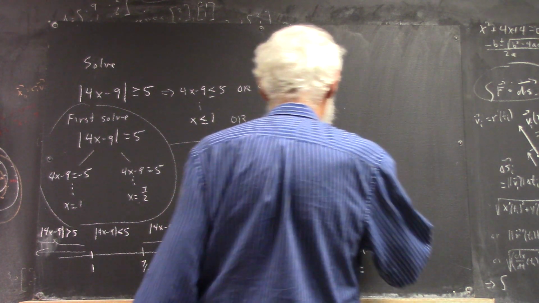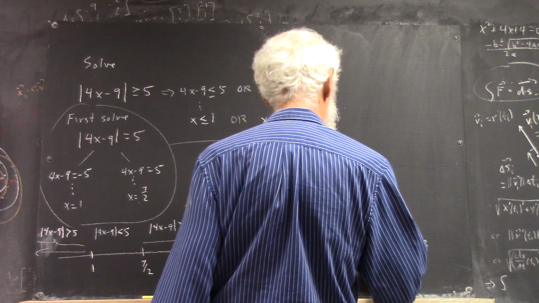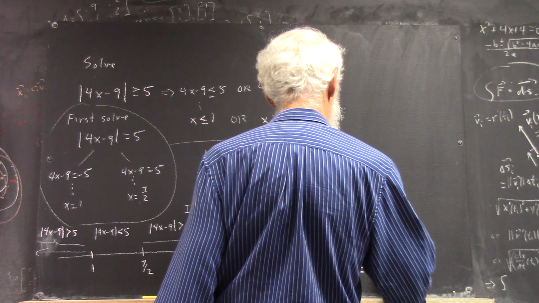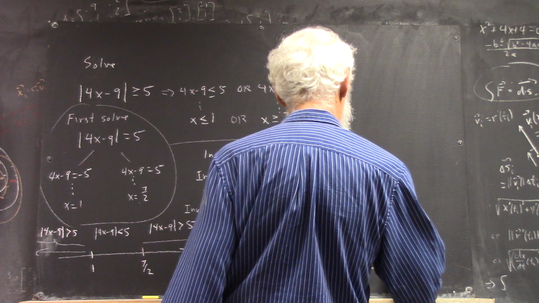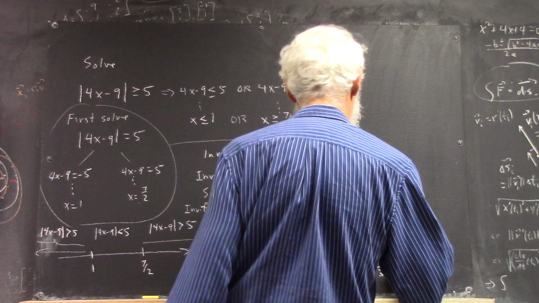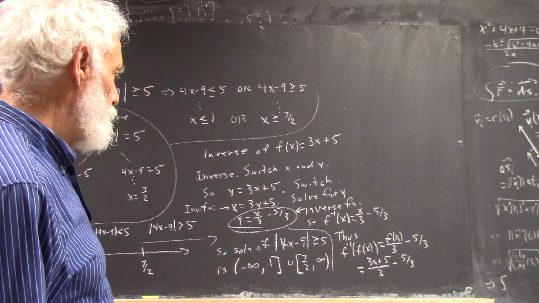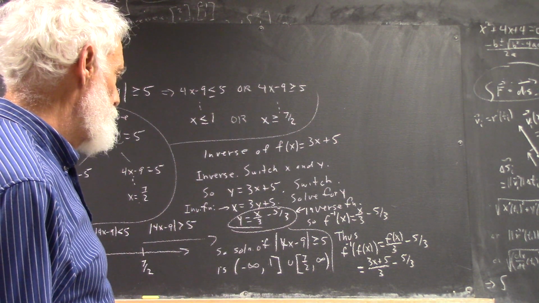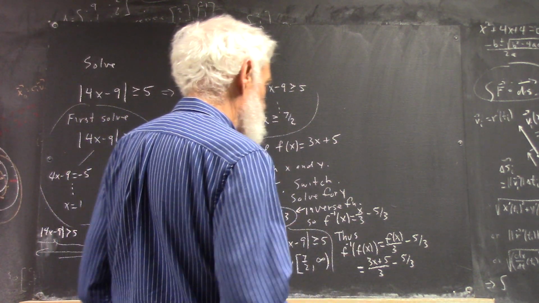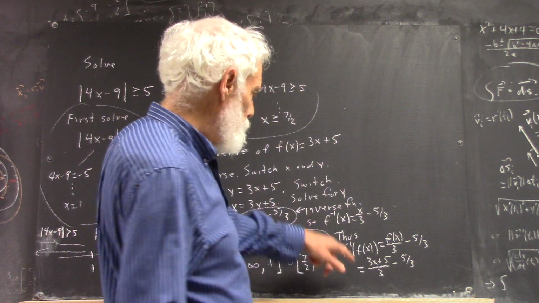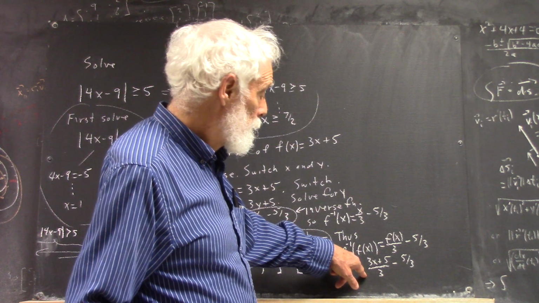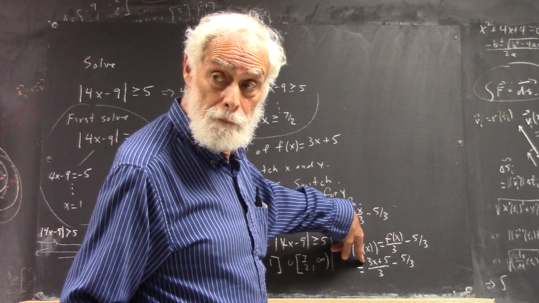And then f of x is 3x plus 5. Did I do something wrong? It's coming out a little strange. Oh, no, never mind. It's coming out exactly as it should. Forgot where I was. Okay. Just wasn't paying attention.